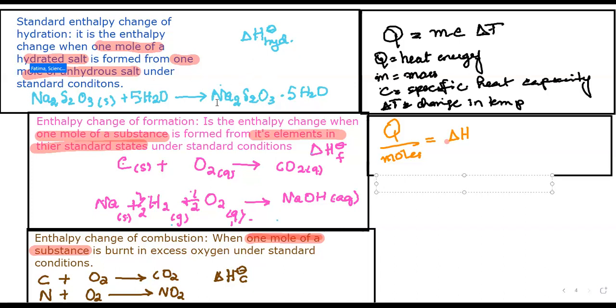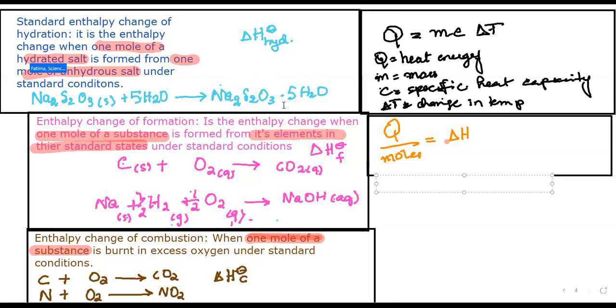If I add too much water, it will dissolve and turn into a solution. So what's the exact moles of water that I need to add to take it from anhydrous to hydrated? I can't know how to do that. Since I don't know how to do that, calculating the enthalpy change of this reaction would be really hard for me. I can't do it inside the laboratory easily at all.